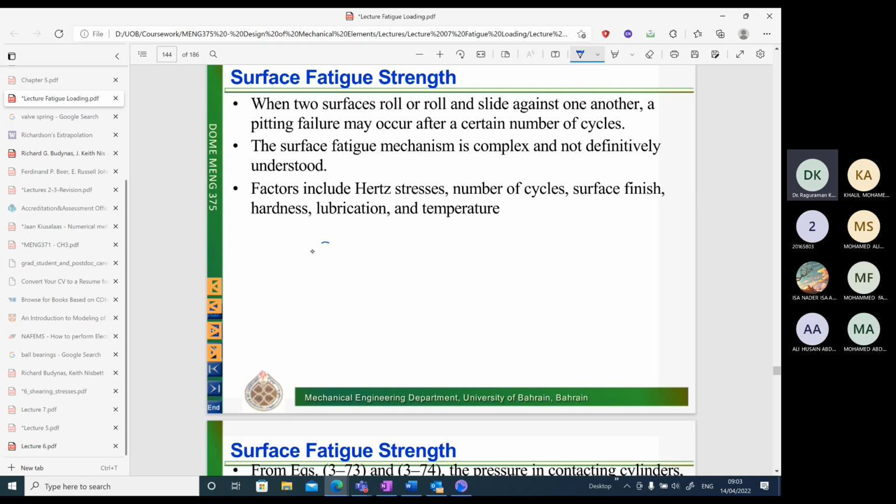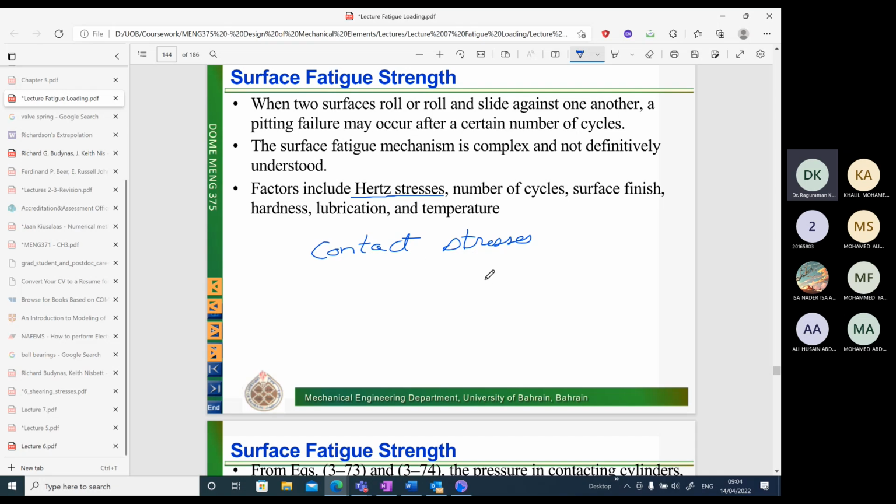In the previous chapter, we went through some formulas for two cylinders in contact or two spheres in contact, and those formulas were called Hertz stresses, contact stresses. We are going to use the same Hertz stresses to figure out, in the case of cyclic loading, what are the amplitudes of contact stresses for simple cases like two cylinders or two spheres in contact.